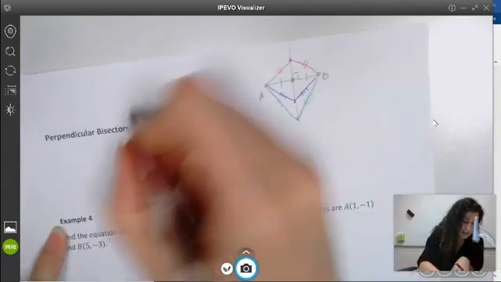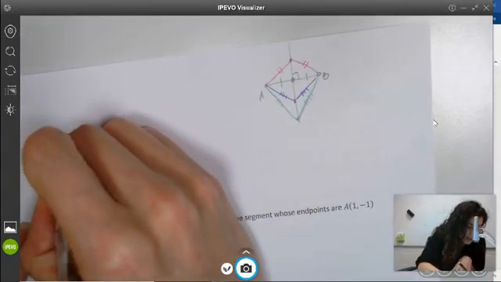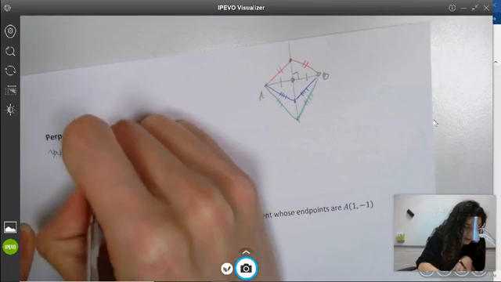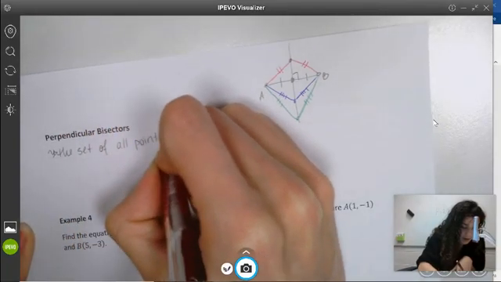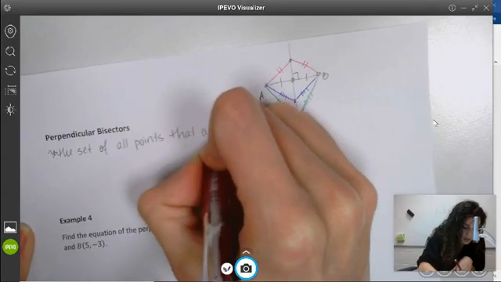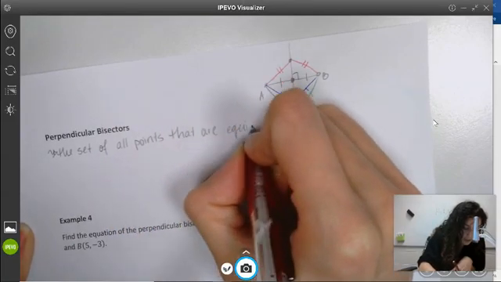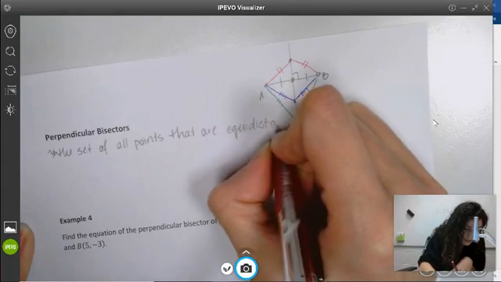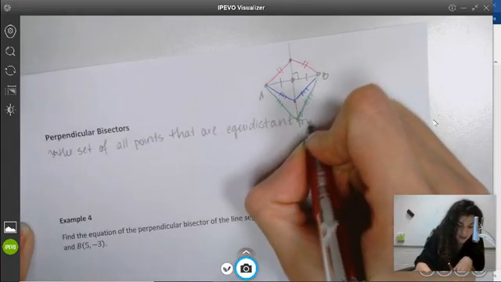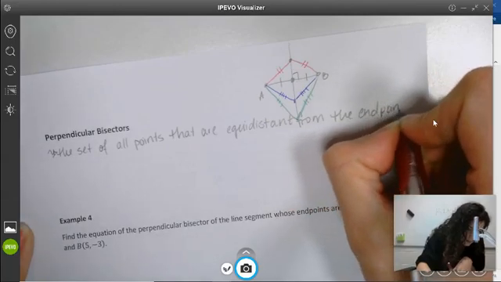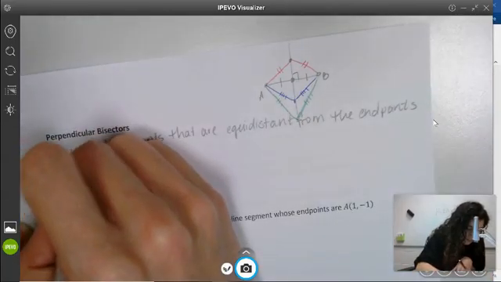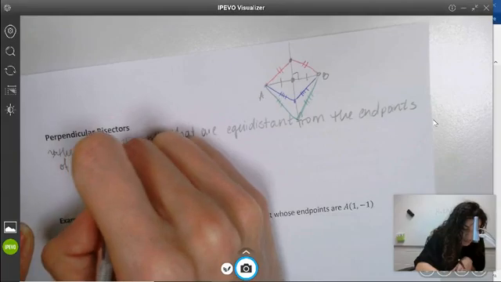So really, the perpendicular bisector is the set of all points that are equidistant from the endpoints of a segment.